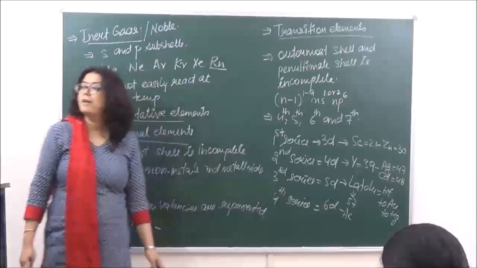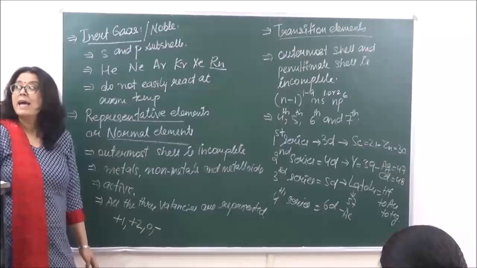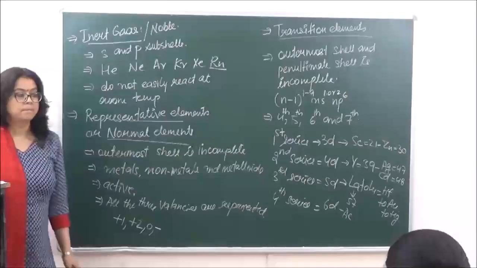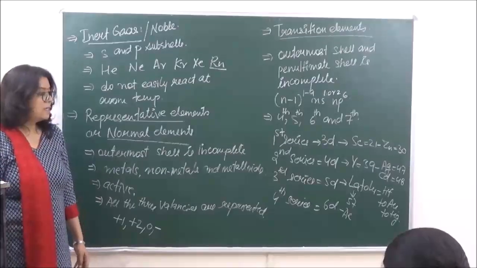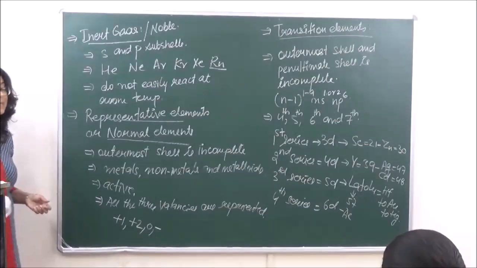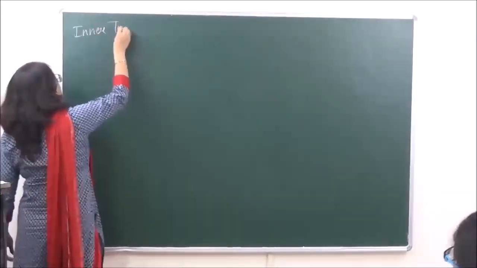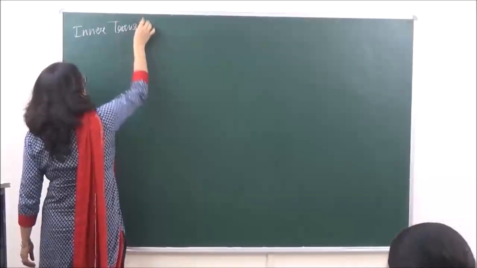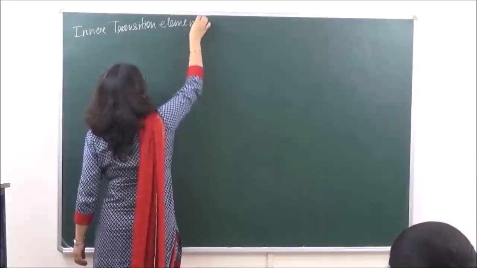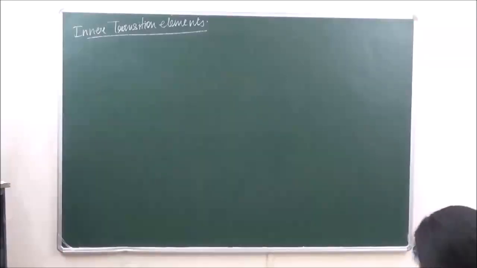Actinium, so we are filling from actinium to lawrencium, we are going to fill the F block, and in between we are going to fill from rutherfordium. Okay, is it clear? So this is the transition series. Then the last one, the inner transition elements.